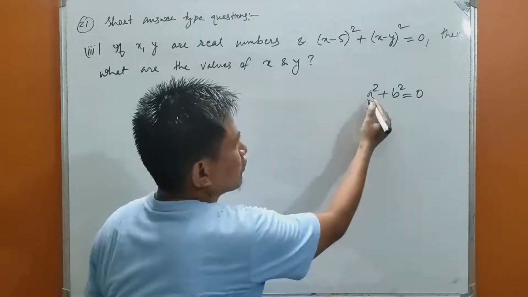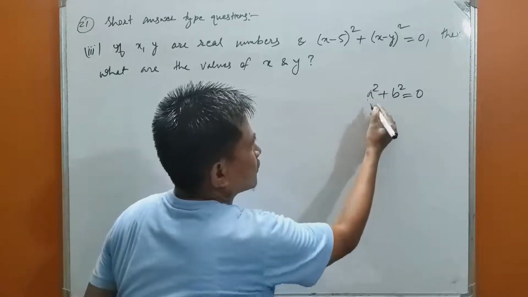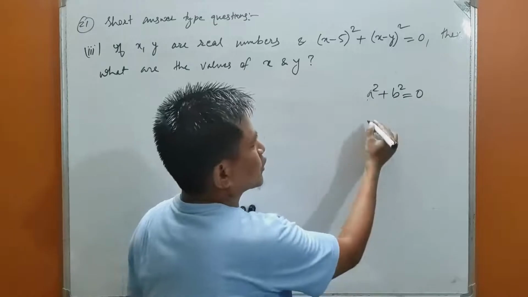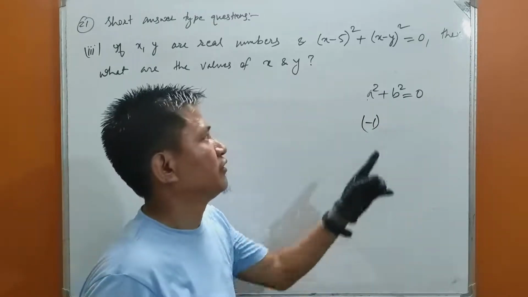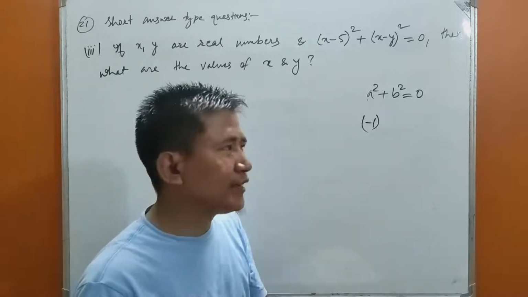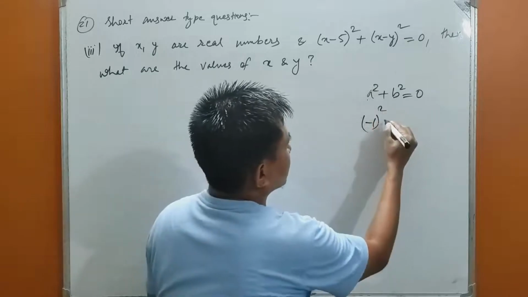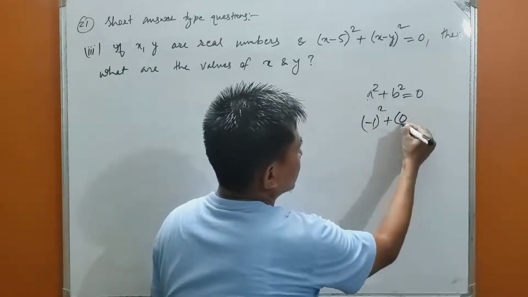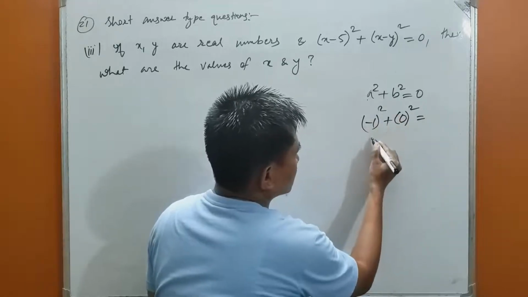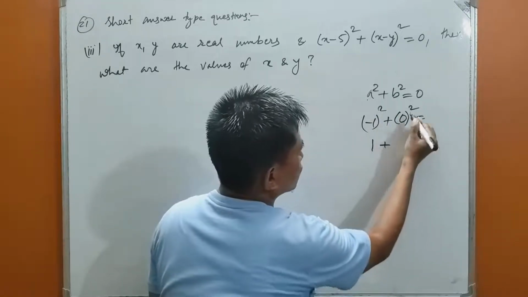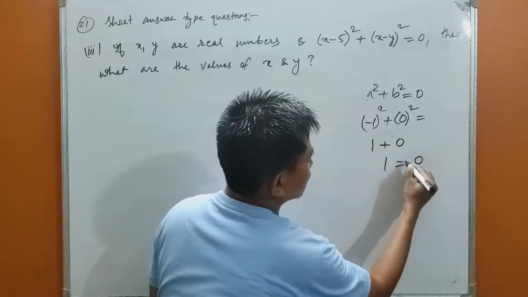If a square is not 0, suppose a is minus 1, any number other than 0, then minus 1 square plus b square, with b as 0, is 1 plus 0, which is 1. This is not equal to 0, isn't it?